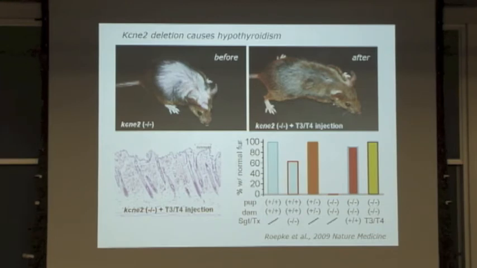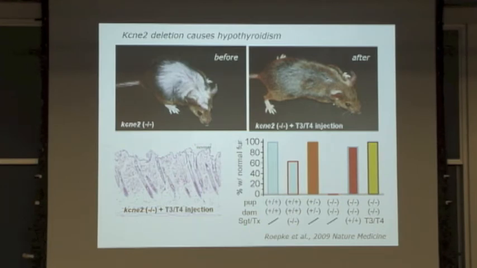You're not supposed to do that, but it led to this really nice discovery that Casein II deletion causes hypothyroidism. Here's a mouse who was completely bald because of hypothyroidism, and if you give it T3, T4 injections every other day for a couple of weeks, the hair grows back. You can see the follicles grow back, and you can also achieve the same thing by surrogating the mouse.